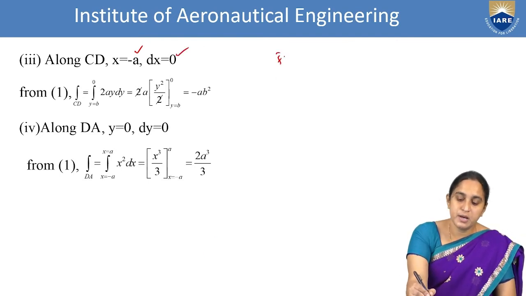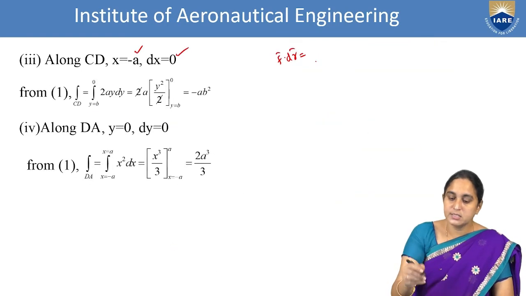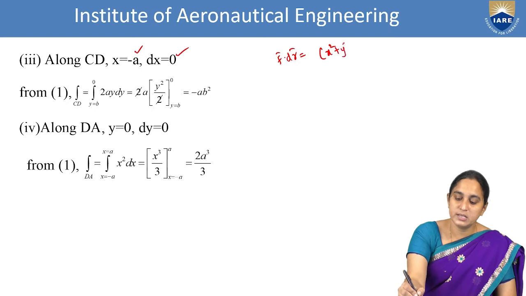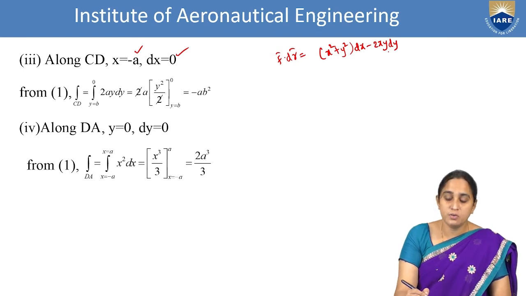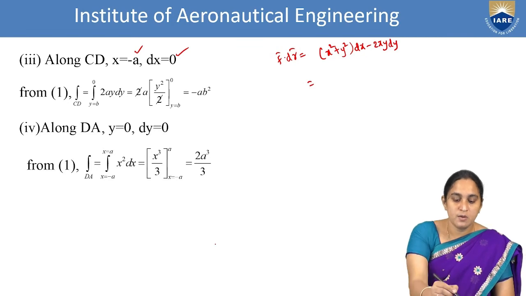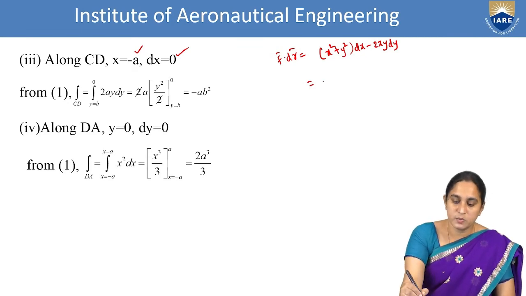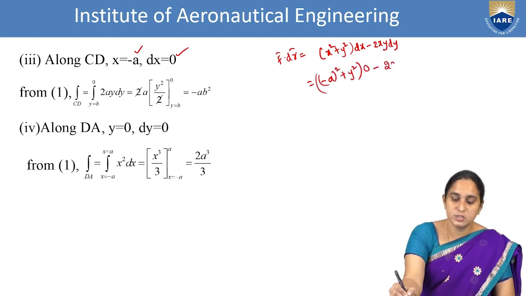Therefore the integral of f bar dot dr bar, where f bar dot dr bar is (x square plus y square) dx minus 2xy dy. What is x here? Minus a. Substitute: (minus a) whole square plus y square into dx as 0, minus 2 times x, which is minus a, into y dy.